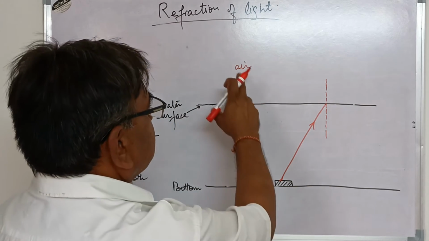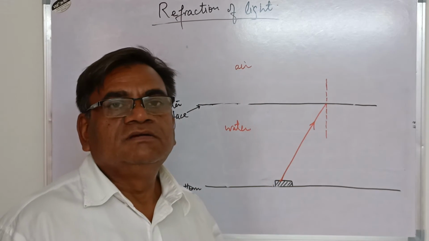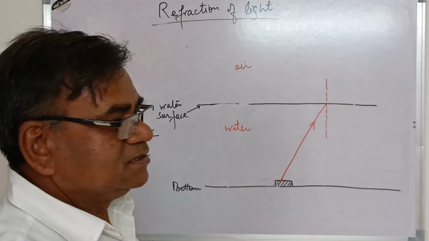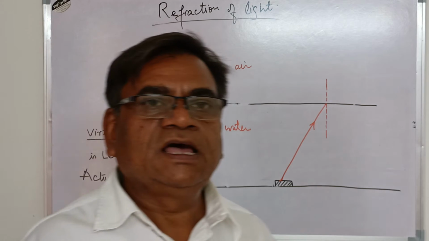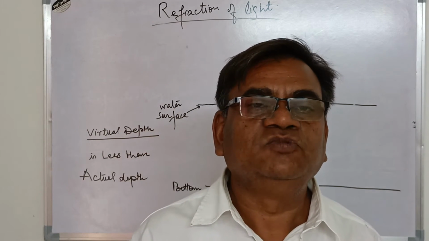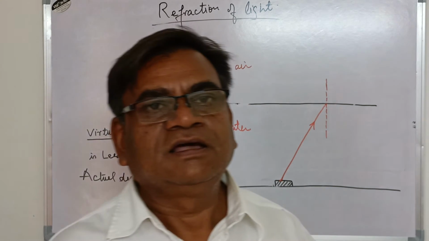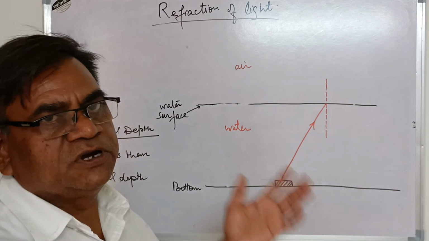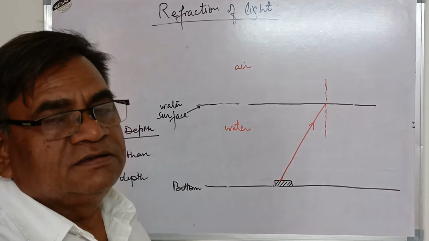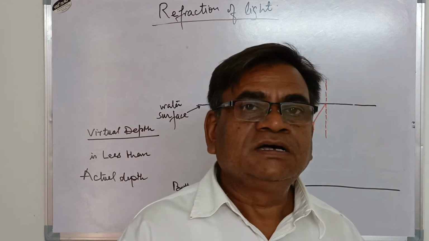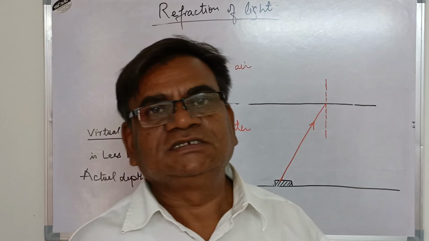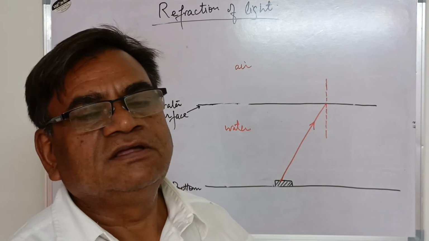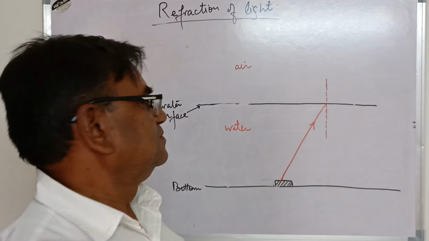Water is denser as compared to air, meaning optically denser. Later we will come to know that the mass density is higher in one medium as compared to the other, but matter having the higher mass density is actually optically rarer.